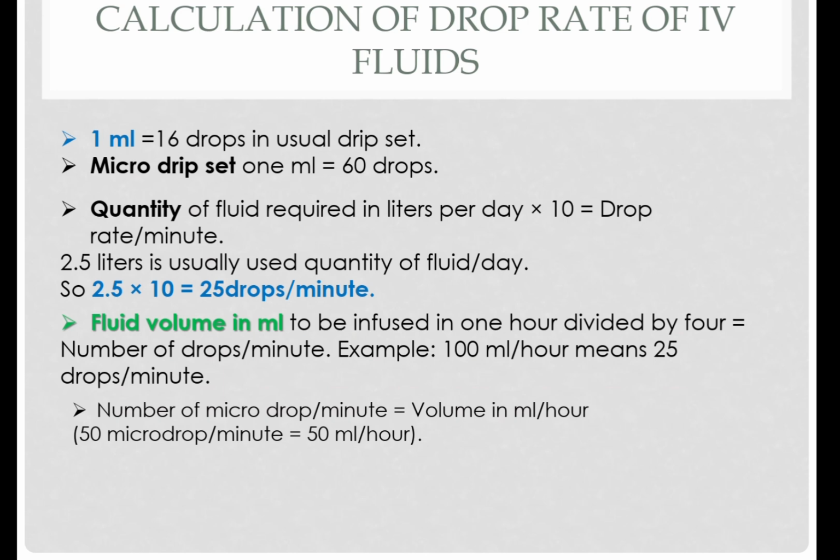So this slide is for calculation of drops per minute for IV fluids. 1 ml is equal to 16 drops in a usual drip set. Normally the drip set we use for adults has 16 drops equal to 1 ml.